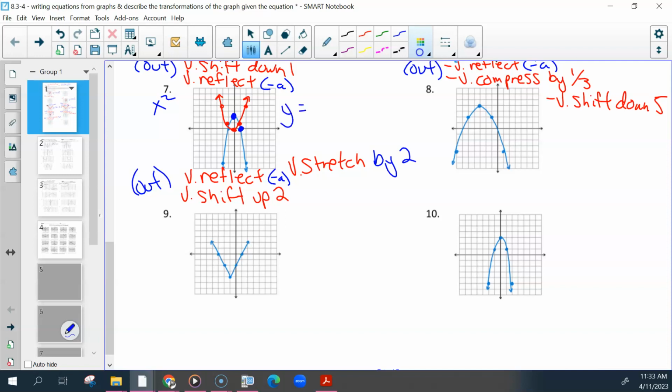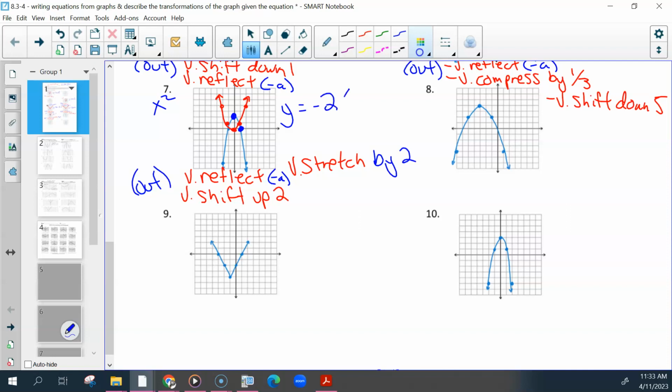Y equals, we're using parentheses for the quadratic. But we need our A and our reflection. Negative was our vertical stretch factor.